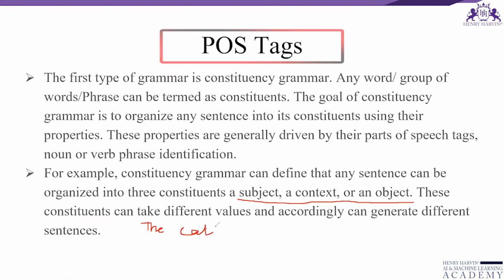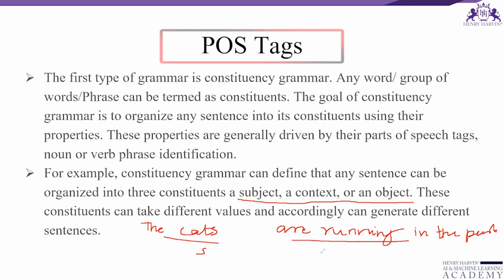When I say the cats, and then are running, and then in the park, let us try to understand. This is the subject, this could be the context, and this is the object.